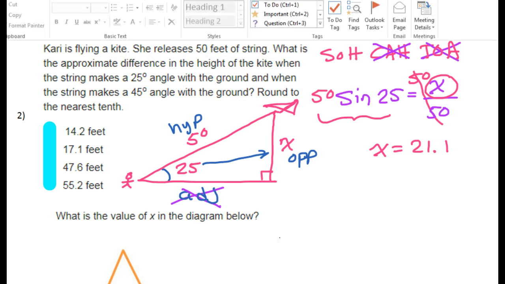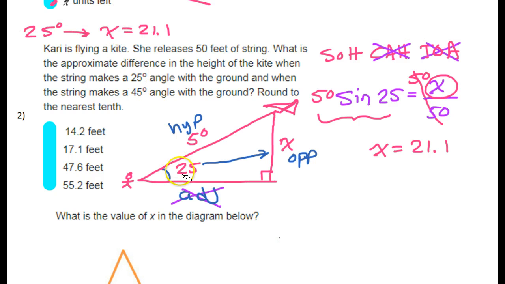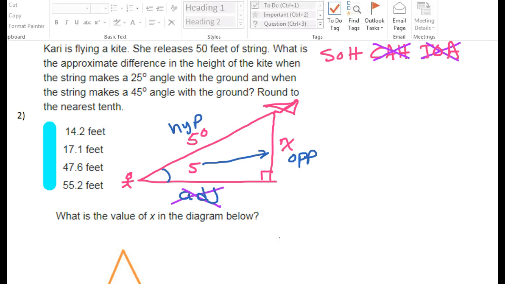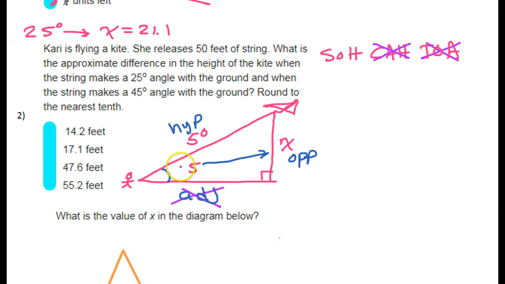Now let's do the problem again with 45 degrees, because that's what we're supposed to compare to. So now it's 45 degrees. We're still going to do the same thing.